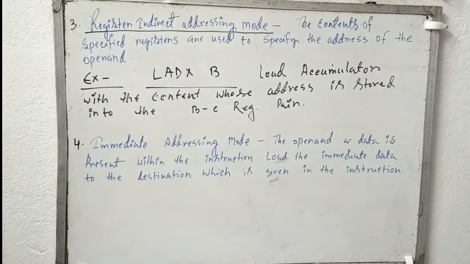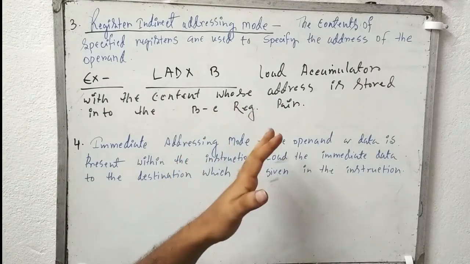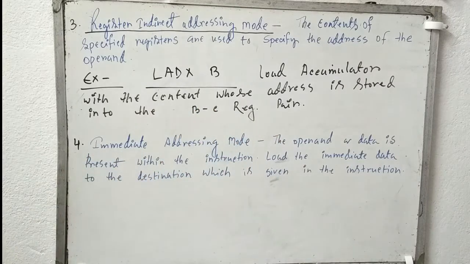So load the accumulator with the content whose address is stored in the BC register pair.